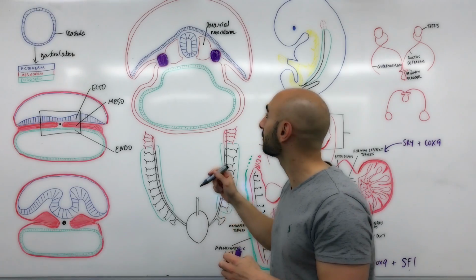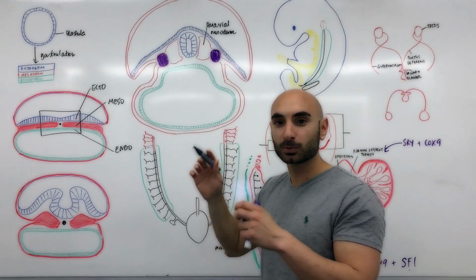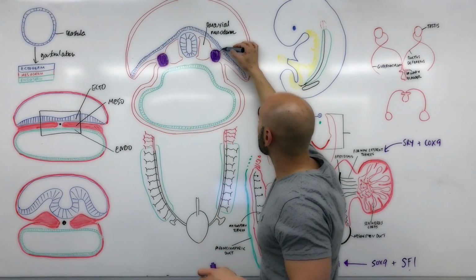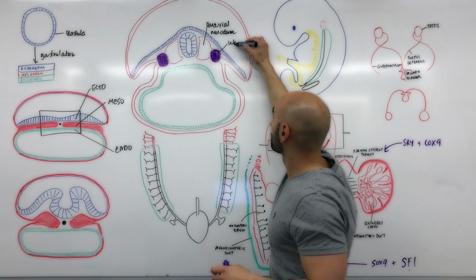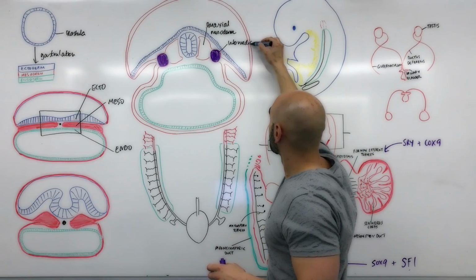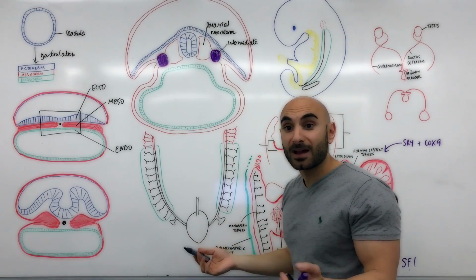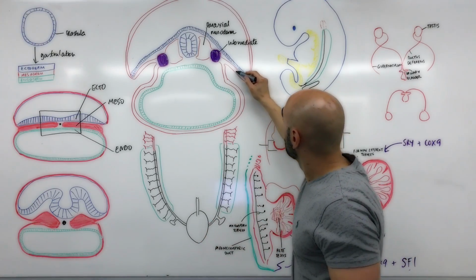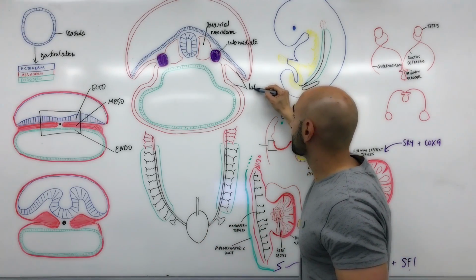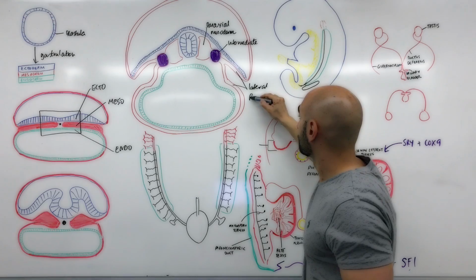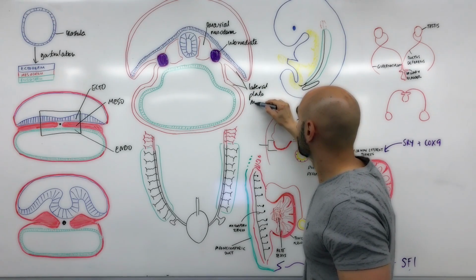That's where the testes come from, which is why I have colored it in purple. And then we have the lateral plates, the lateral plate mesoderm.